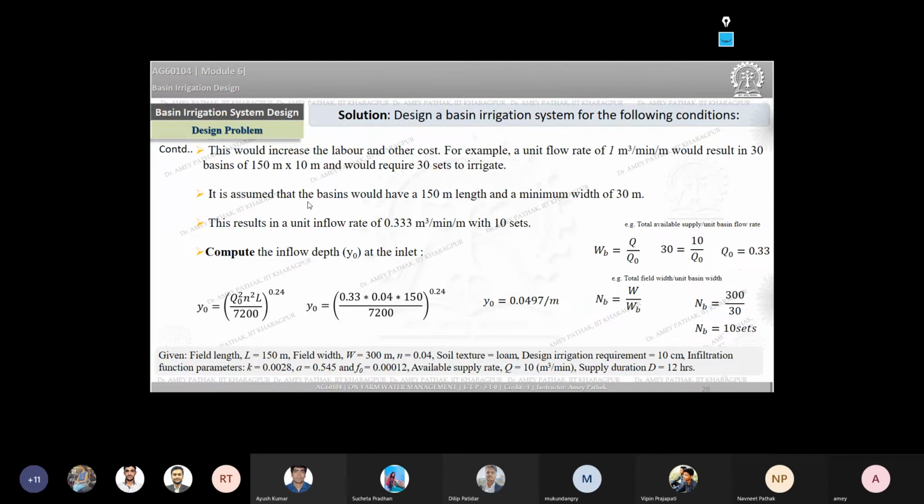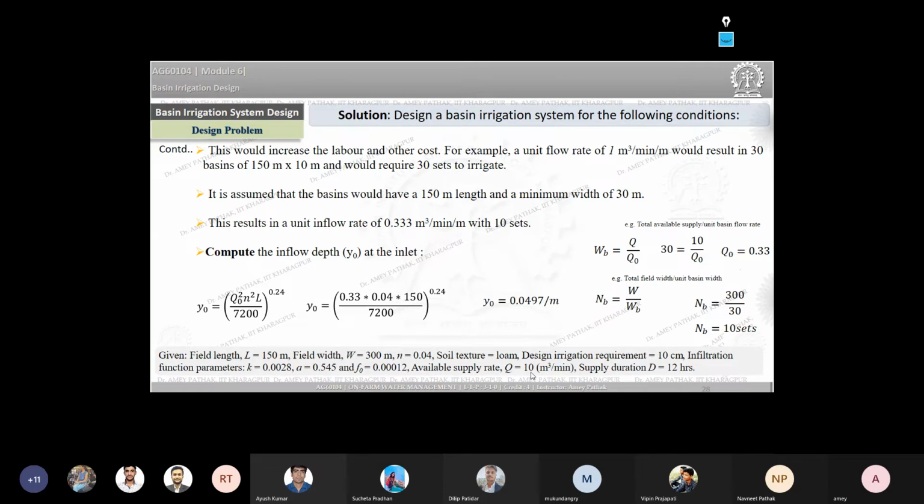Okay, now let's say instead of taking 1.184, let's say for 1 meter cube, what will happen if you choose inflow rate Q naught is equal to 1 meter cube per minute. Okay, so this Q is your available supply, which is given as 10 meter cube per minute in the problem. So whatever thing which is given, I have written it down here.